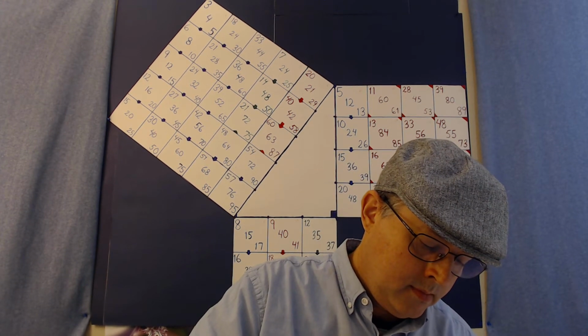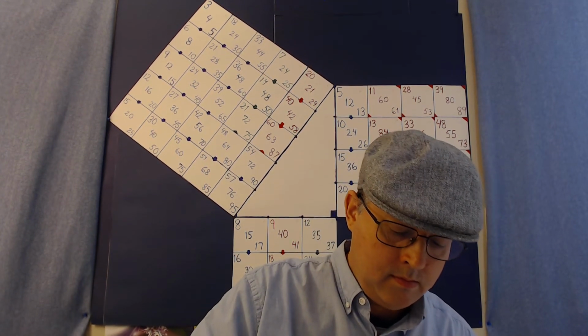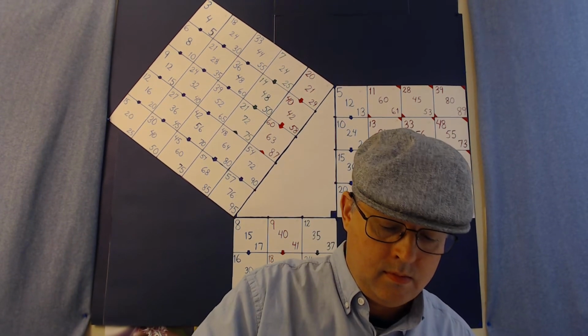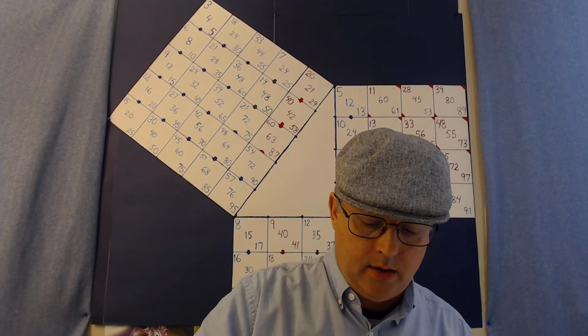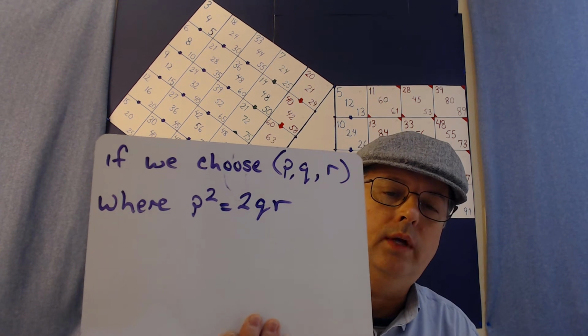Let's say that if we choose a p and a q and an r, where p squared equals 2qr. So let's choose a p and a q and an r.